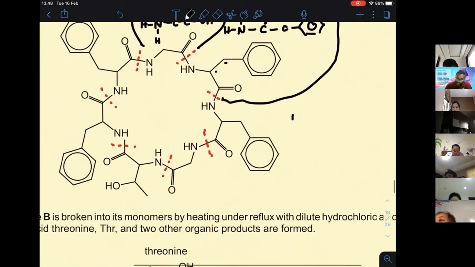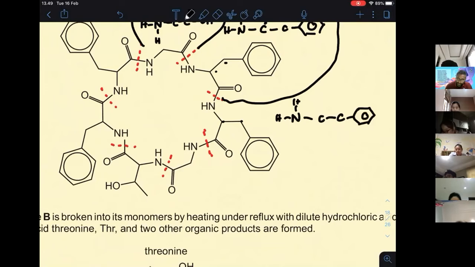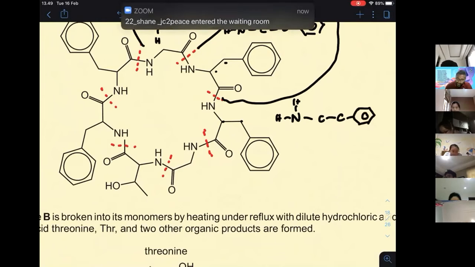Then for this one, NH bonded to carbon, bonded to another carbon, bonded to benzene, and then this carbon is bonded to another carbon, double bond O, and then OH.